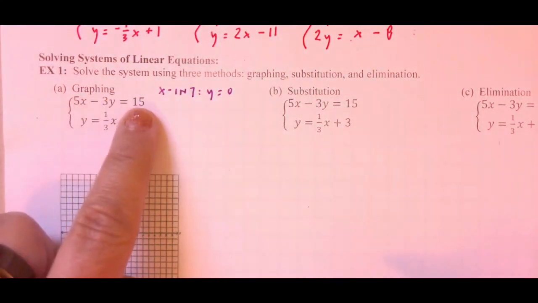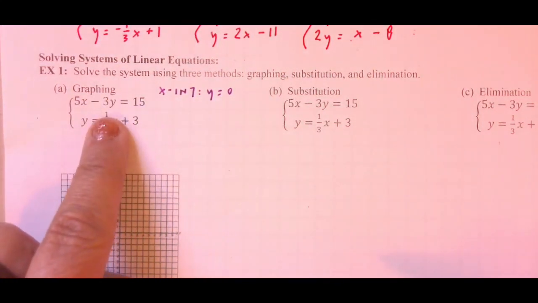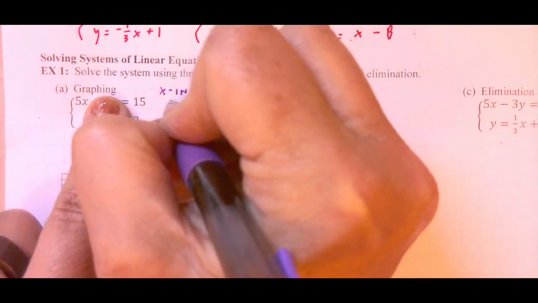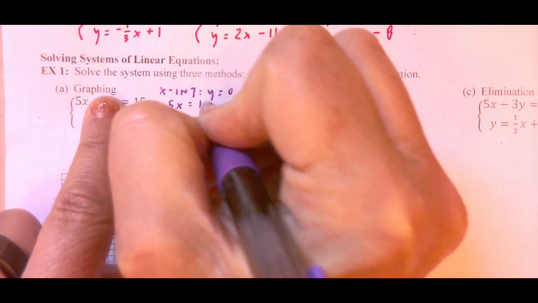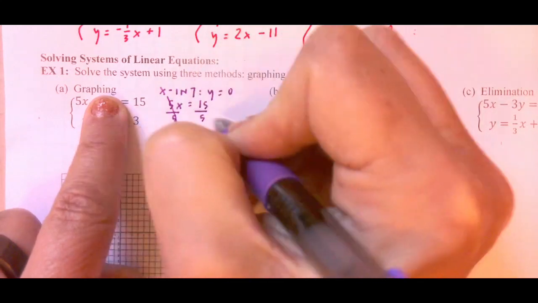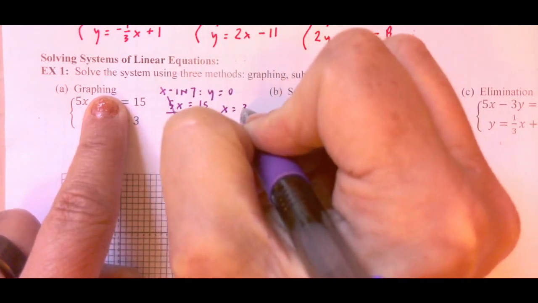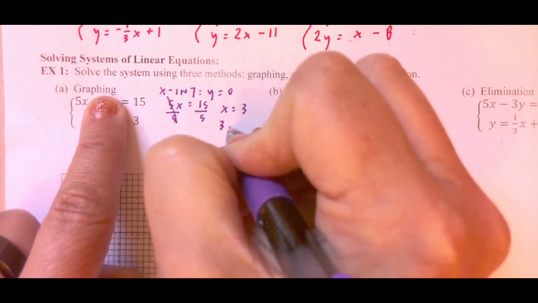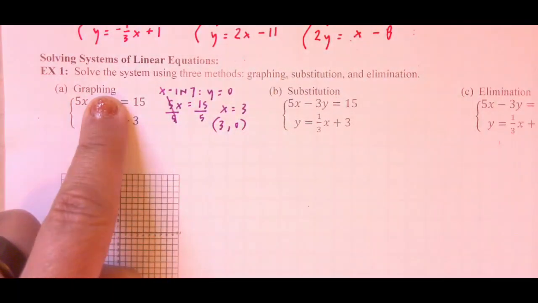If I put in a 0 for y, that clears this part up. I'm using that cover-up method, and I'm really solving 5x equals 15. When I divide each side by 5, I get that x equals 3. So x equals 3 when y is 0, so my x-intercept is at 3, 0.